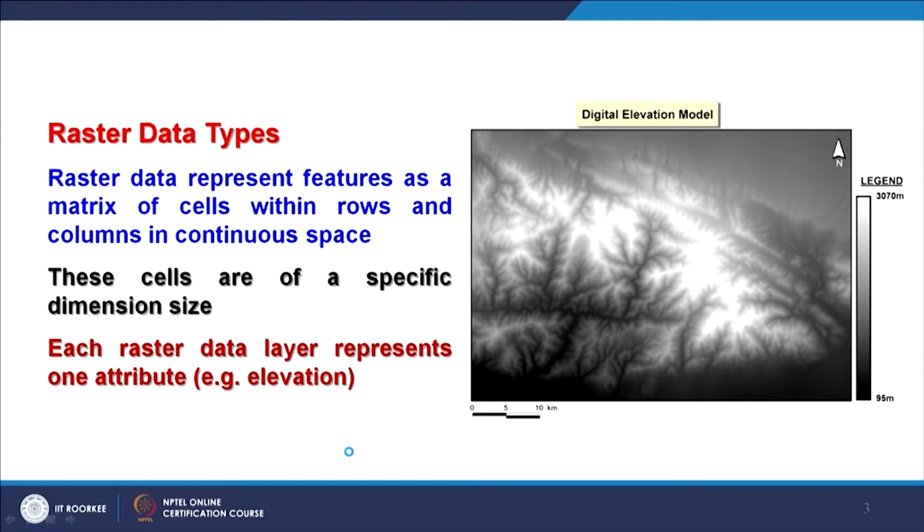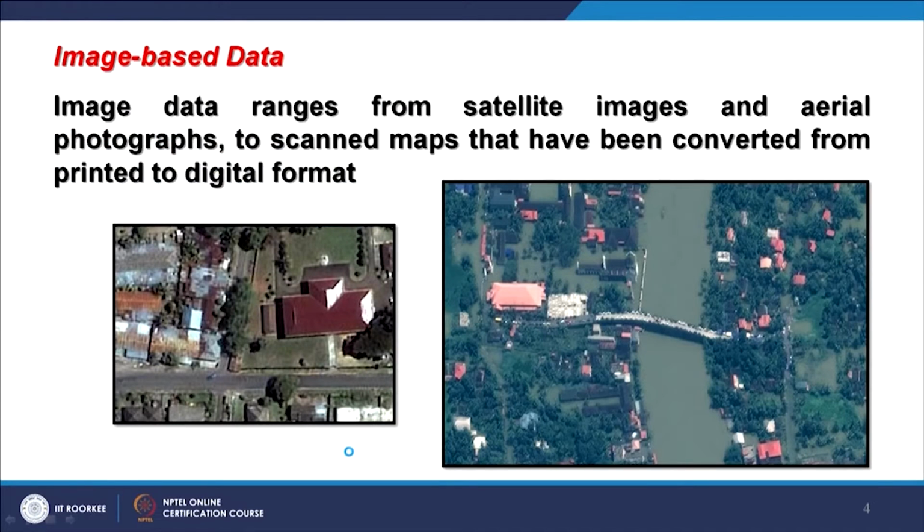There I will have some positive values above mean sea level, and I may have a surface below the water, so minus values are also required to be stored. But in case of an image, all values will be positive, because these values are not elevation values. These values are either reflectance values or can be emitted energy values. So these values cannot be decimal. That is the major difference.